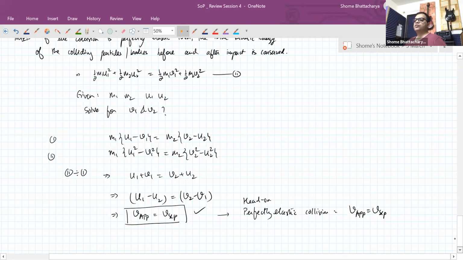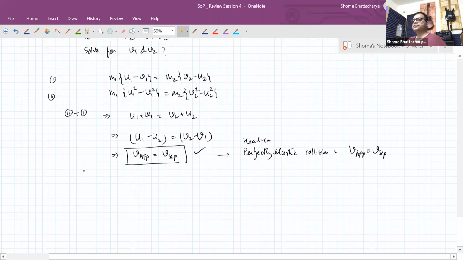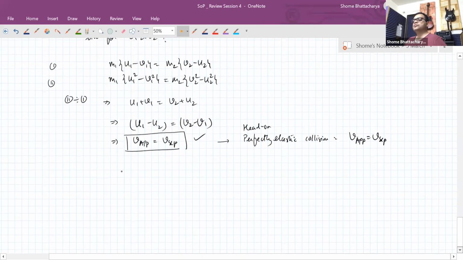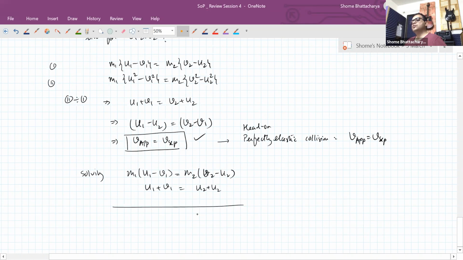And now, of course, solving this as a system, we get these sort of relations for V1 and V2.